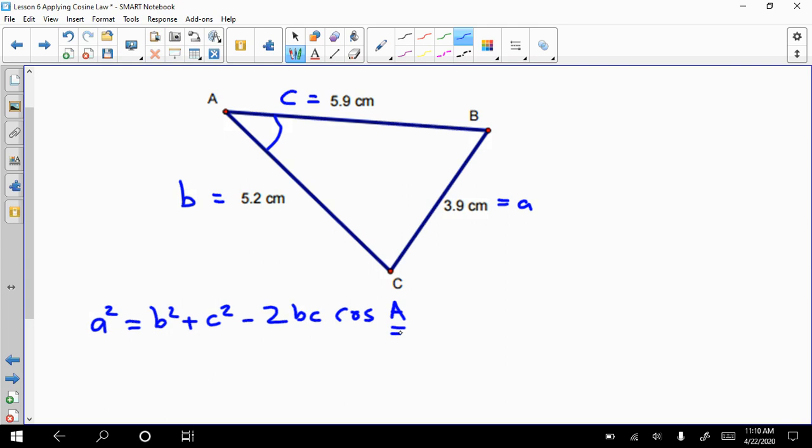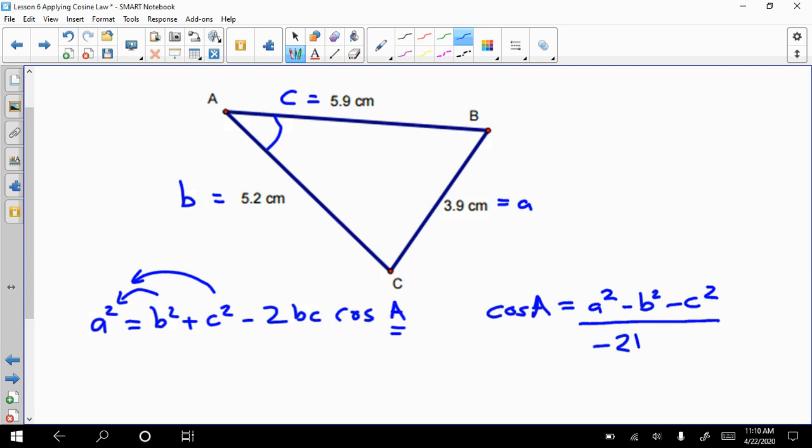Now, I'm going to rearrange this and write it the other way, with this on its own. So cos of angle A is equal to a squared minus b squared minus c squared, and if you're following along, you can see that I'm moving these two to the other side, divided by minus 2bc. That is going to give us the answer that we need.